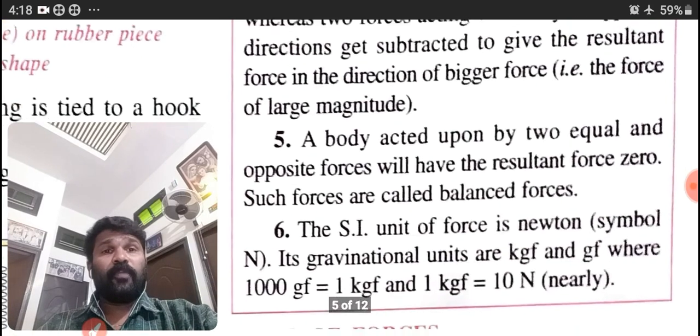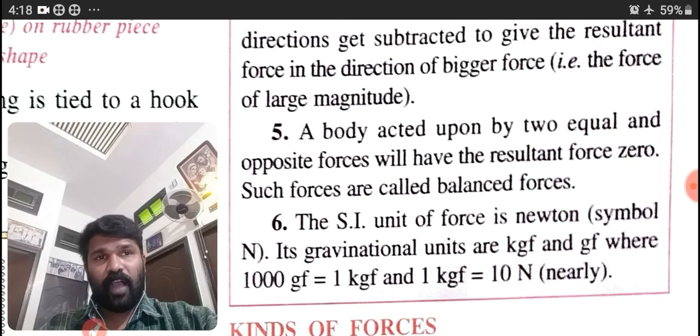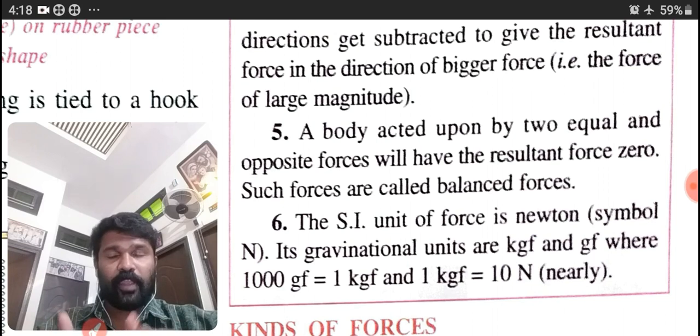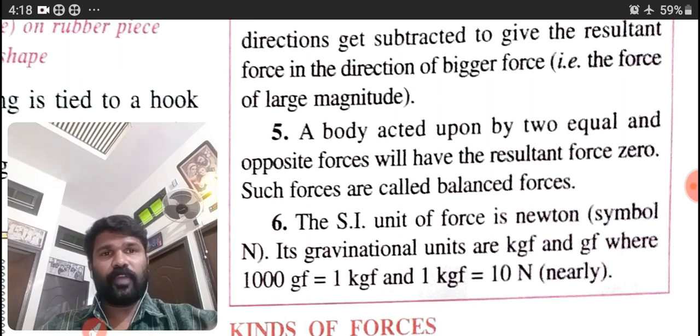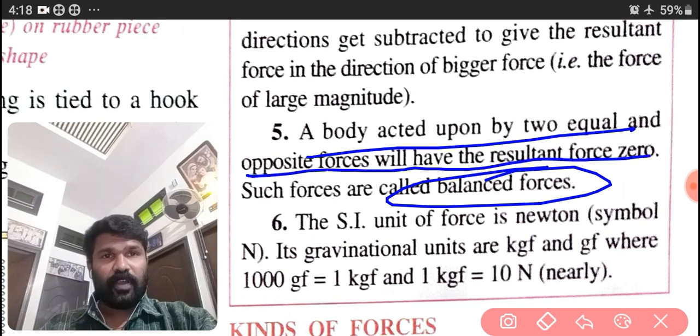Fifth point: a body acted upon by two equal and opposite forces will have the resultant force 0. Such forces are called balanced forces.